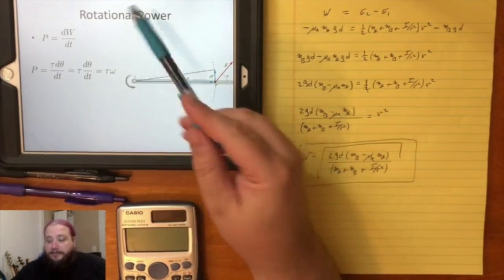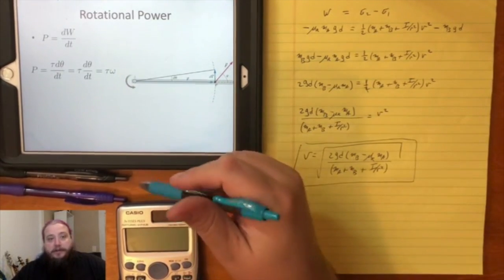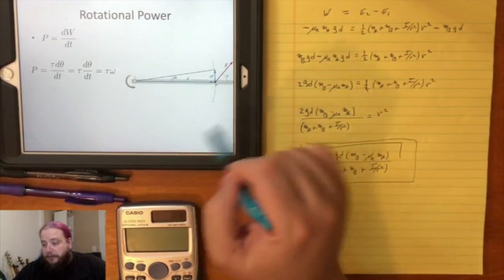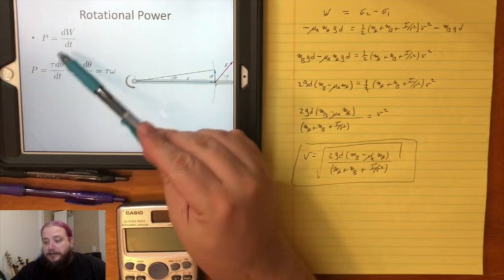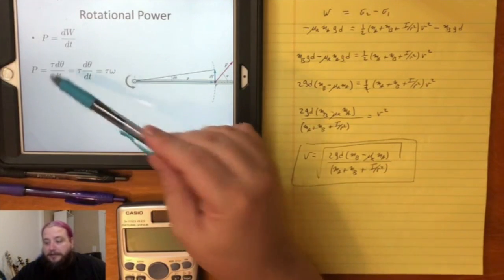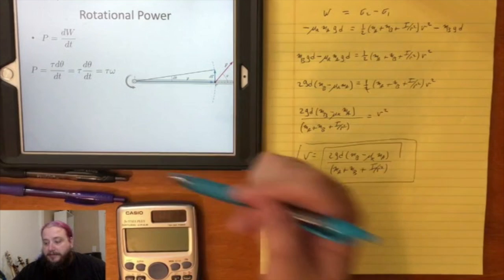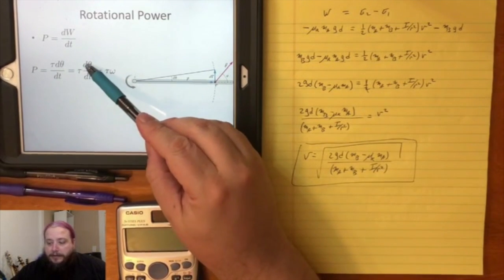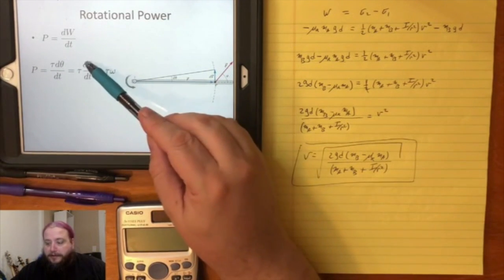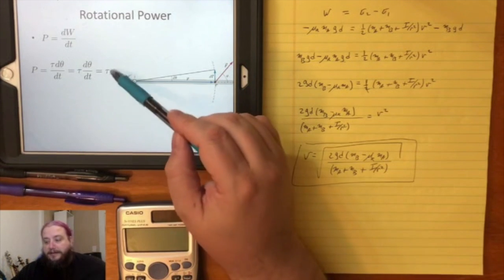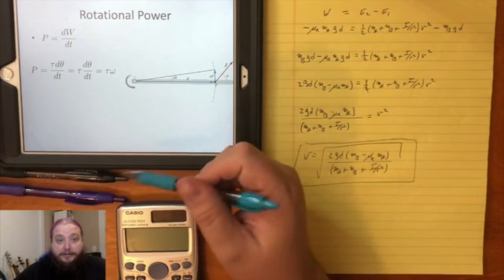And the power is just the rate at which rotational work is being done, so it's the time derivative of torque times d theta. We can turn that into torque times the time derivative of theta, d theta dt, which is torque times angular velocity.